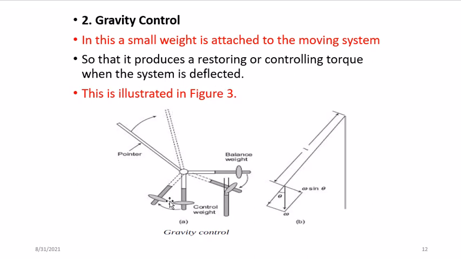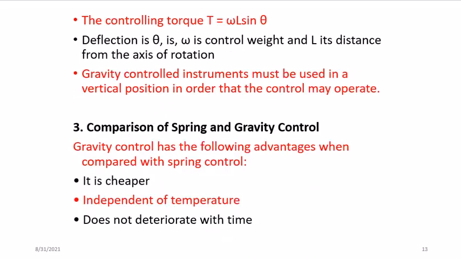If you look at this, this is like the tail end of the moving pointer, and we attach a weight here. It is here, and of course it is here. We have different positions depending on the point at which our pointer is moving. So the amount of weight you attach to this end of the pointer is responsible for providing the controlling torque, using what? Gravity. So the next thing is this controlling torque.